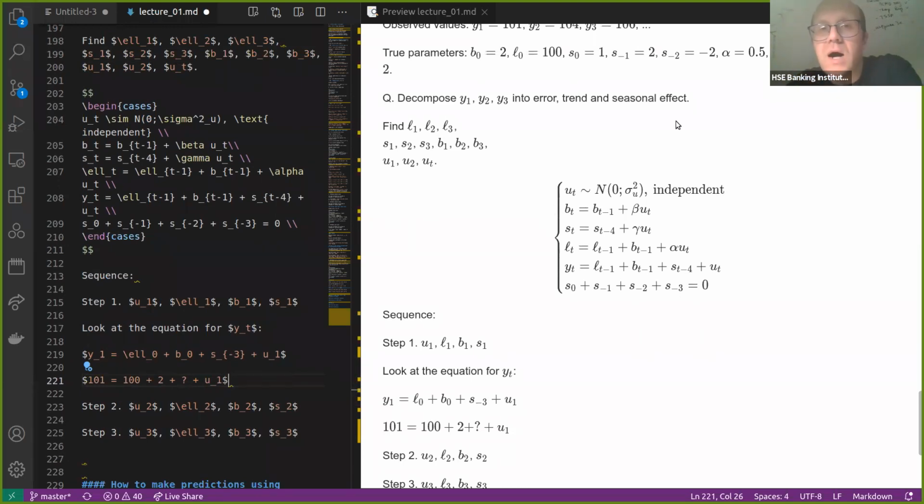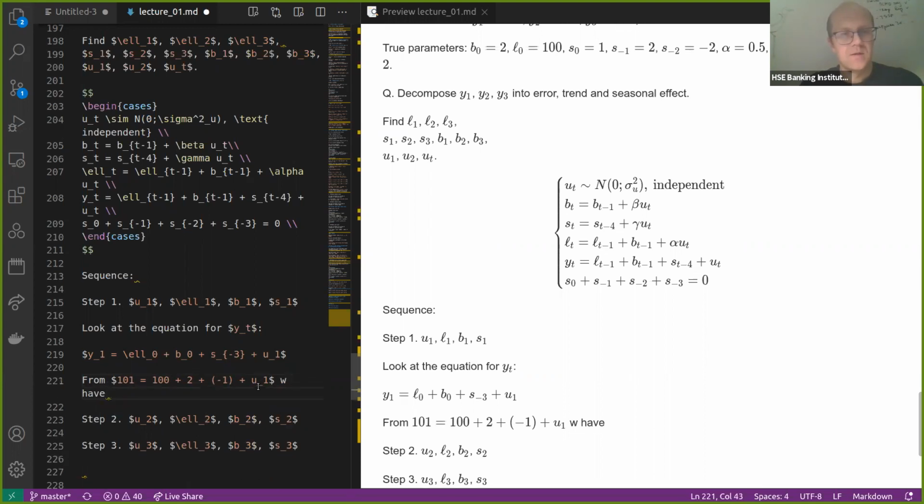Yeah, it's -1 because the sum of initial seasonal effects should be 0. And finally, we have U1. From this equation, we have that U1 is 0. Yeah, it's 0. Okay? Any questions up to now?